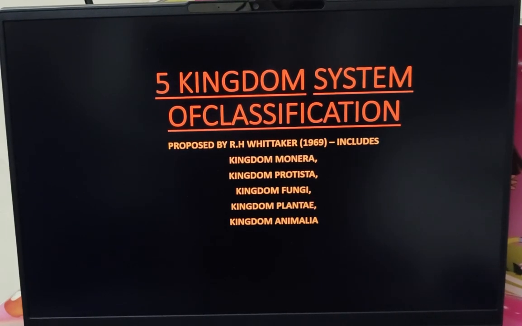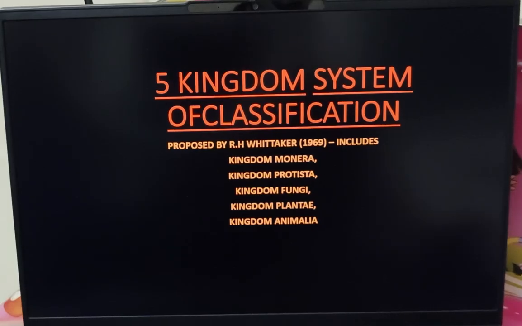So we shall discuss here the five kingdom system of classification. This was proposed by Whittaker, R.H. Whittaker. We already saw that the two kingdom concept was given by Carolus Linnaeus, which included kingdom Animalia and kingdom Plantae.